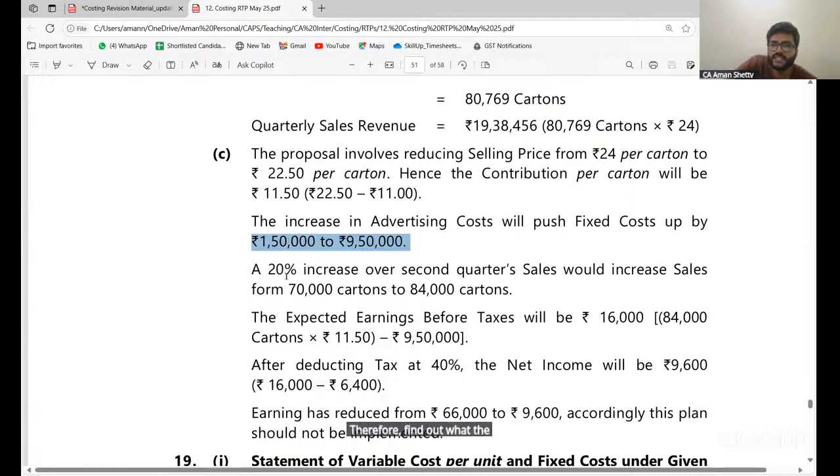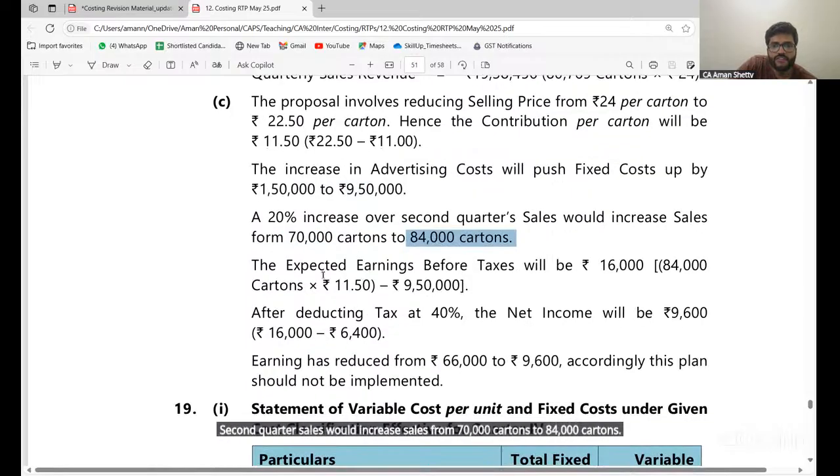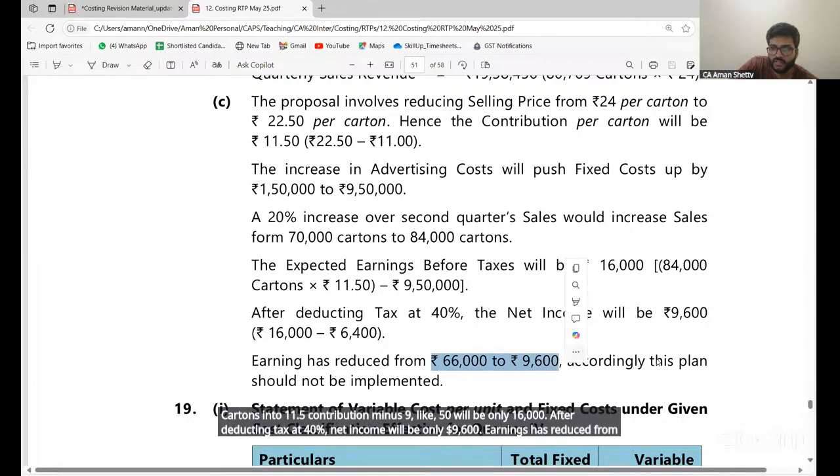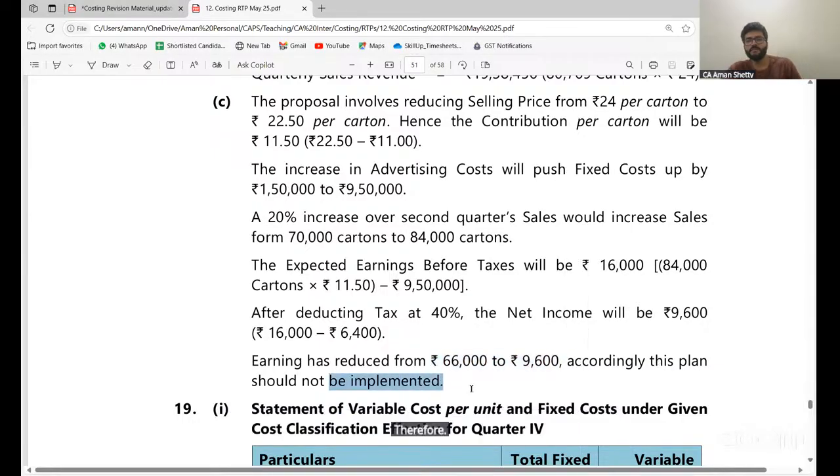A 20% increase over second quarter sales would increase sales from 70,000 cartons to 84,000 cartons. So expected earnings before taxes will be 16,000. How? 84,000 cartons into 11.5 contribution minus 9,50,000 will be only 16,000. After deducting tax at 40%, net income will be only 9,600. Earnings have reduced from 66,000 to 9,600. Therefore, it should not be implemented.